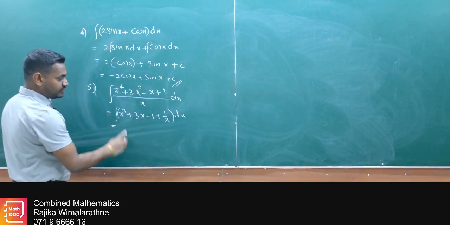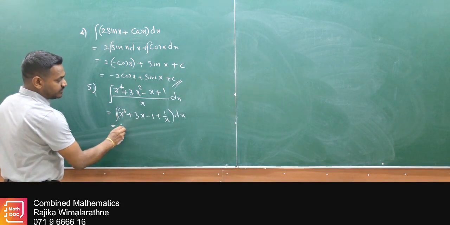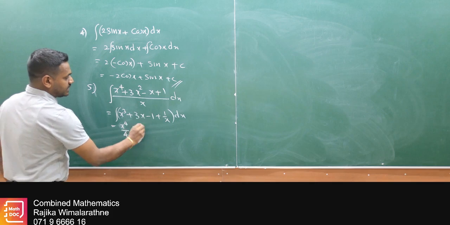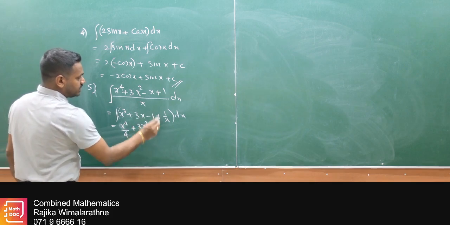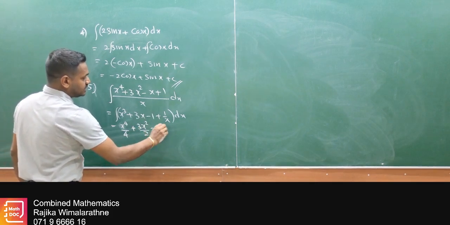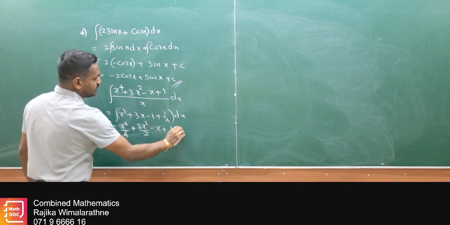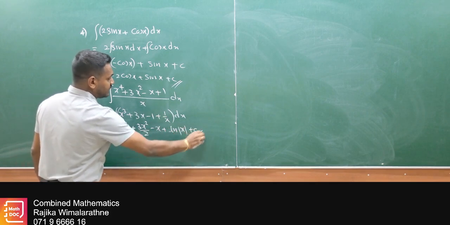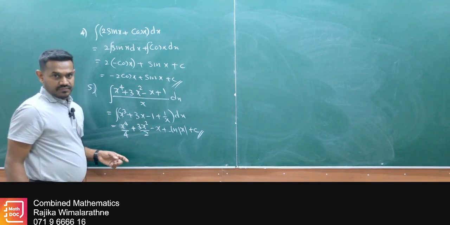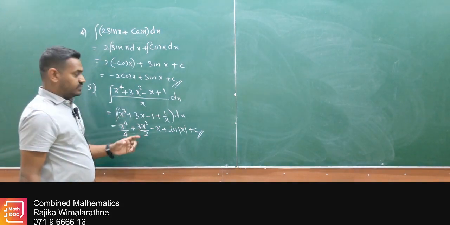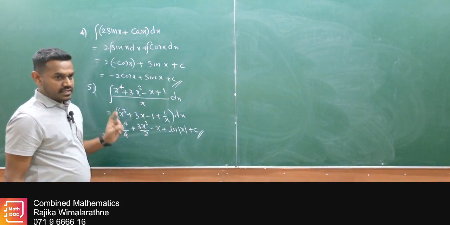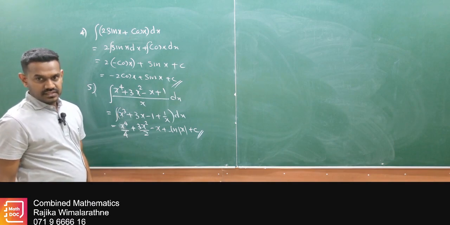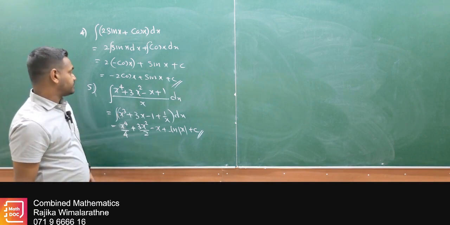Do it at once: x to the power 4 over 4, 3x squared over 2, integral of 1 is x, integral of 1 over x is ln with modulus, plus c. Likewise, you can do it at once. In your mind, you apply rules and do integration. Okay. Continue.